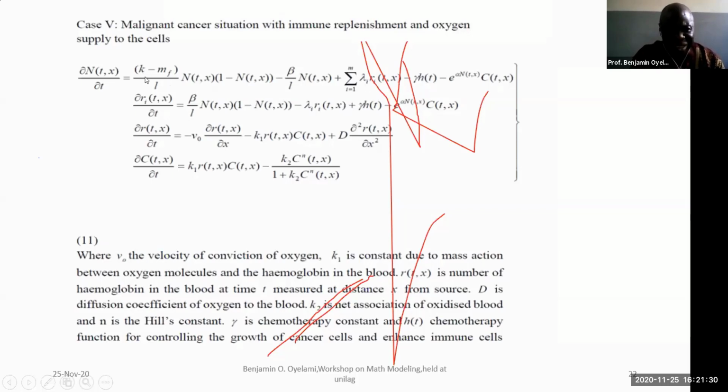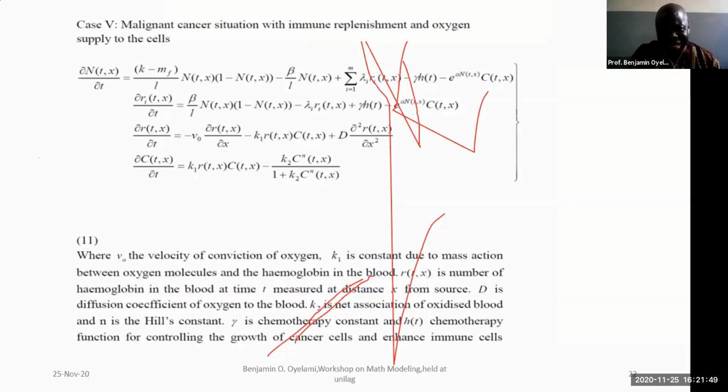And these other parameters, we have to get them from clinical data too. Some of this must be from clinical data, and that means that we have to work with medical experts to get clinical data.